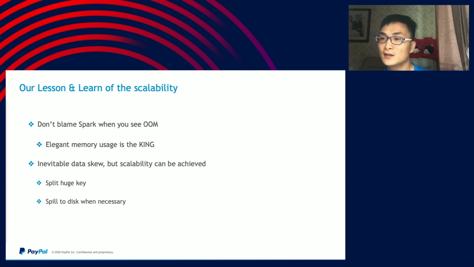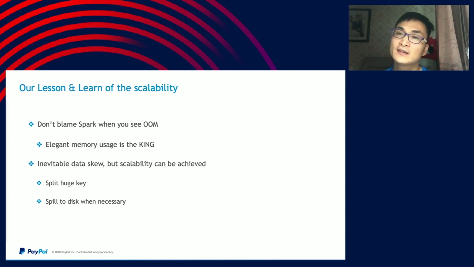Internally, Spark will spill the data to disk to avoid out of memory issues. So usually our out of memory issue is due to inappropriate memory usage in our own user code. So making our memory usage in user code elegant is the key to solving the out of memory issue.